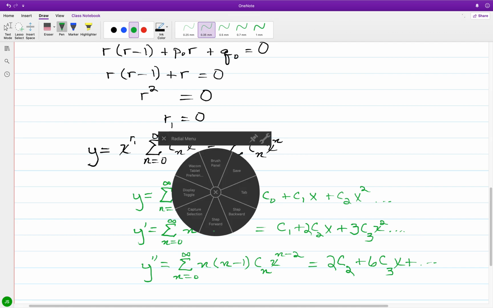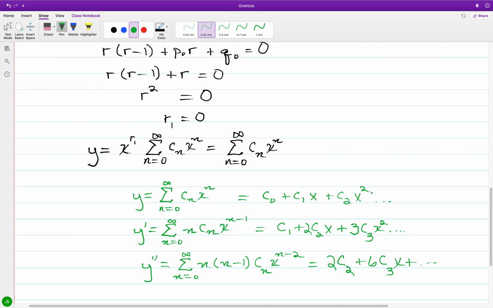And for y prime, since we're starting out at c1, this can be expressed as n goes from 1 to infinity of c of n times x to the n minus 1.